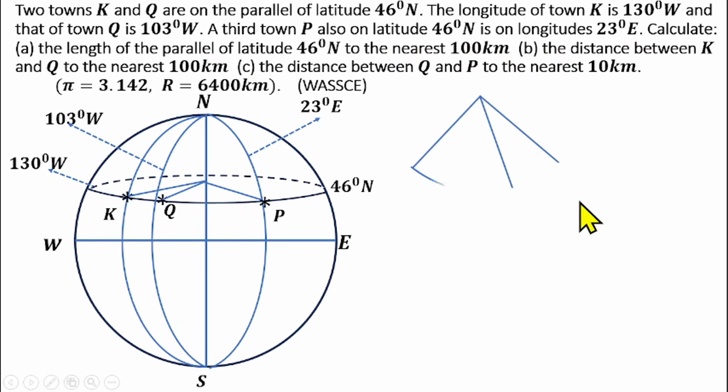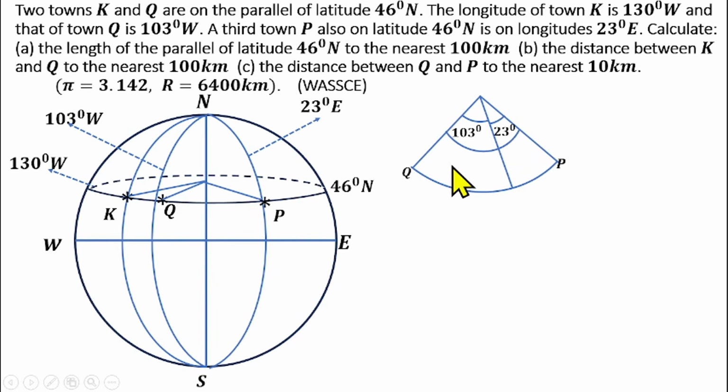But let's see from the diagram. If I draw the diagram of this as well, between Q and P, this line will be the origin, and this will be Q. This will be P. Then the angular distance between them will be from here to here. From the origin to Q, the angle there is the longitude, which is 103, and from the origin to point P, the angle there is 23 degrees, which is the longitude also.